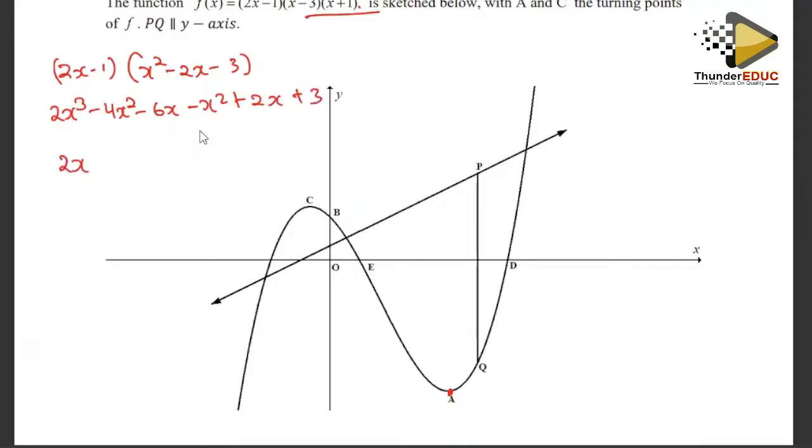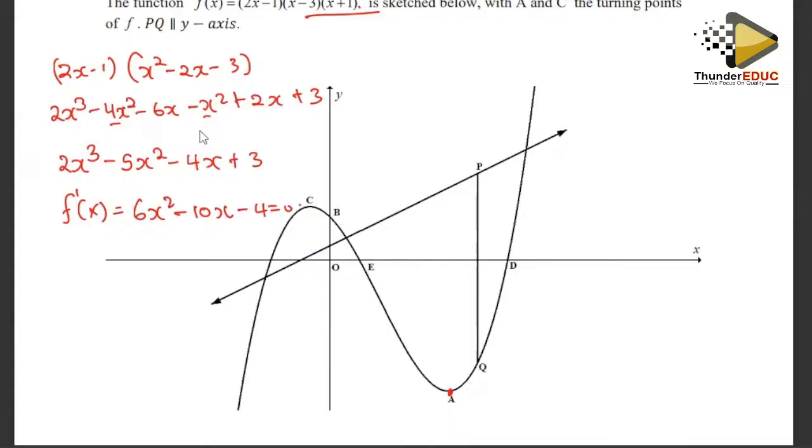Collect the like terms: 2x cubed minus 5x squared minus 4x plus 3. Then I need to find the first derivative, which is going to be 6x squared, this and that is minus 10x minus 4.